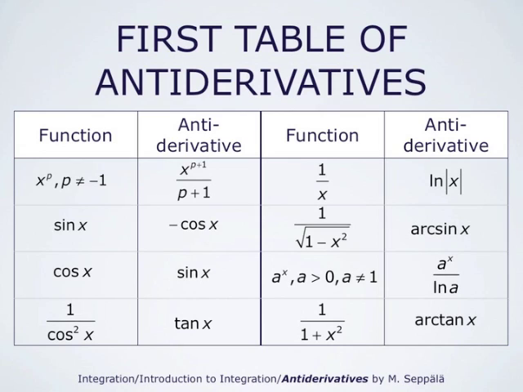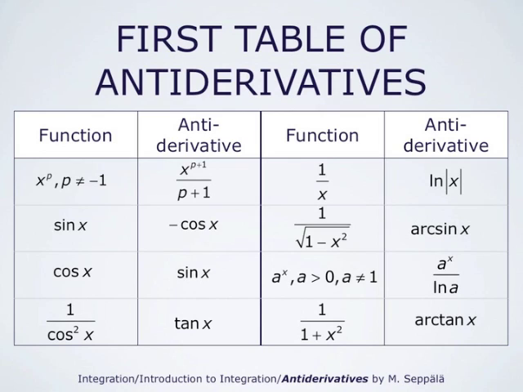For a to the power x, when a is positive and different from 1, antiderivative is a to the power x divided by ln of a. If a equals 1, ln of a is 0 and we cannot divide by it. So the function 1 to the power x is a special function because it takes always the value 1, and therefore its antiderivative is simply x.